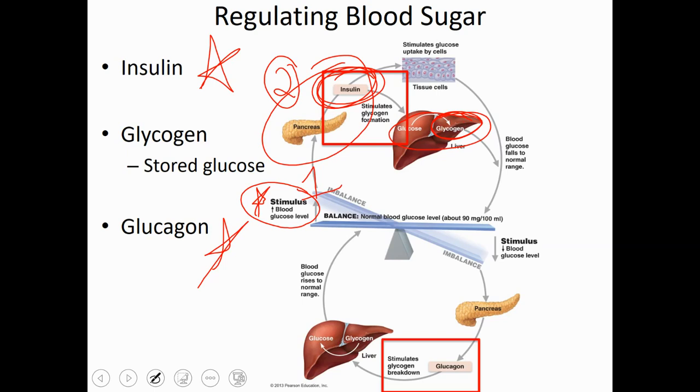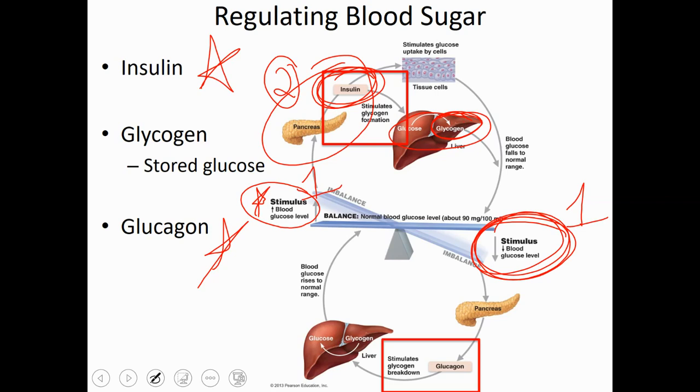People that have insulin issues, if their body's not producing enough insulin, sometimes they get insulin injections so their blood sugar isn't crazy high all the time. On the flip side of that, if our blood sugar is too low, here's our new step one.